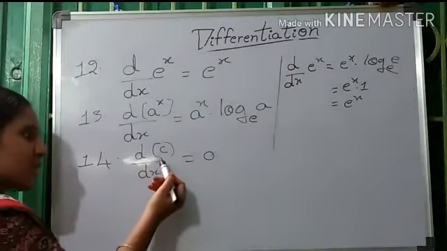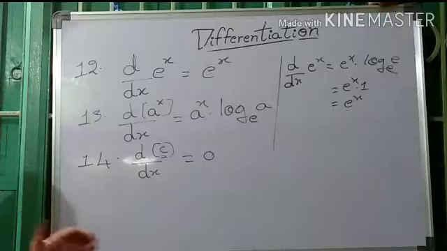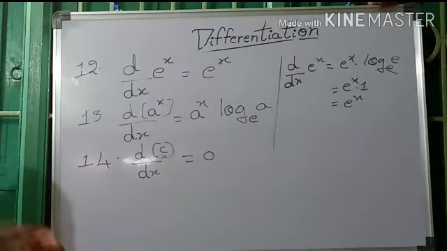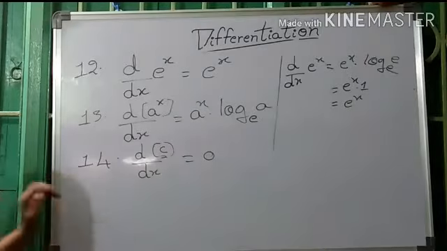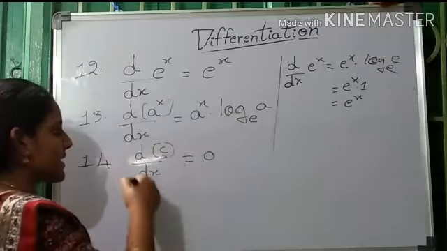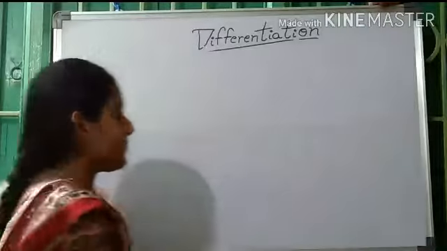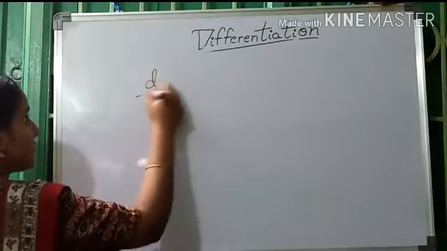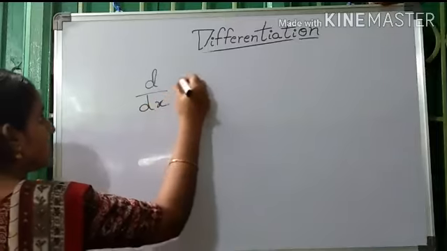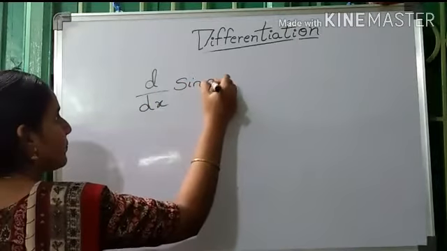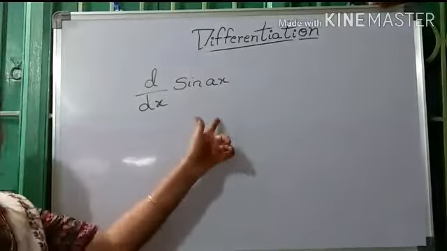And d by dx of a constant term, like d by dx of 2, d by dx of 3, d by dx of 1, d by dx of 4, is equal to 0. Differentiation of a constant term is 0. Now if we have a function like this, d by dx of sin ax, where a is some constant term.